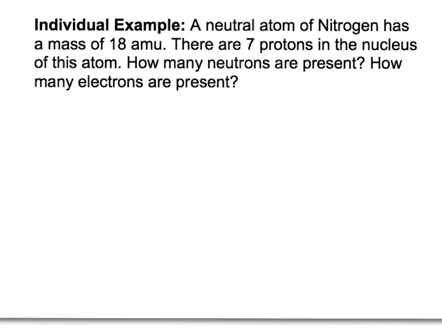Okay, so the first thing we need to ask ourselves is, what atom are we talking about? We are talking about a nitrogen atom. Nitrogen, we know from the periodic table, has 7 protons.